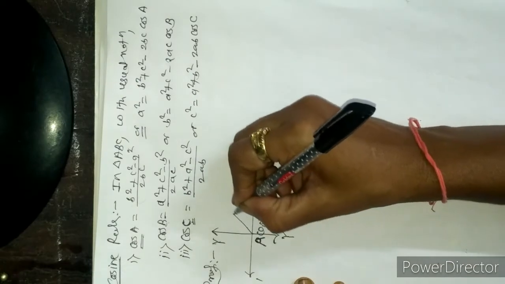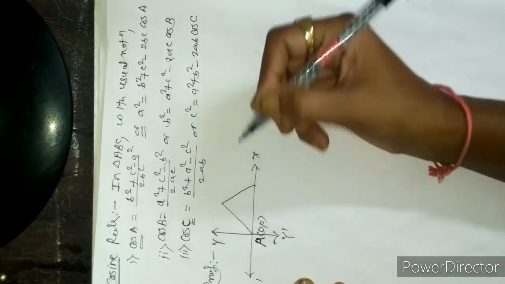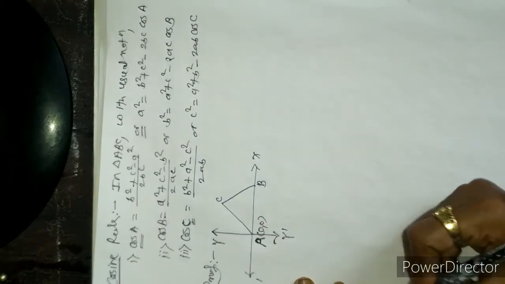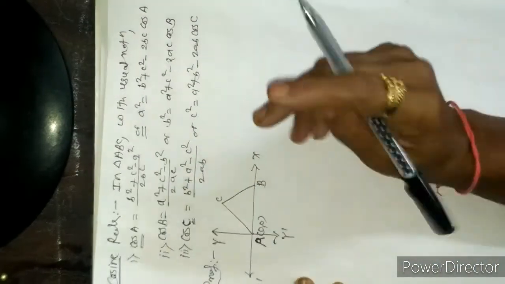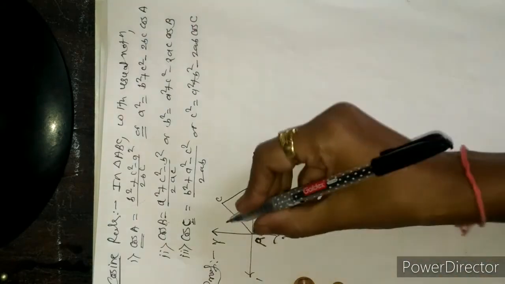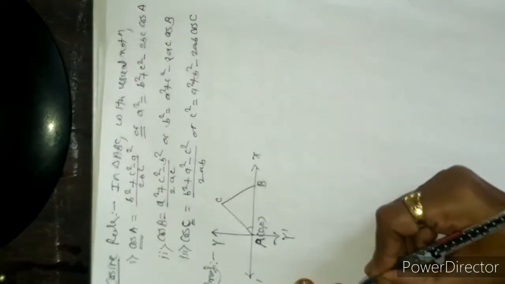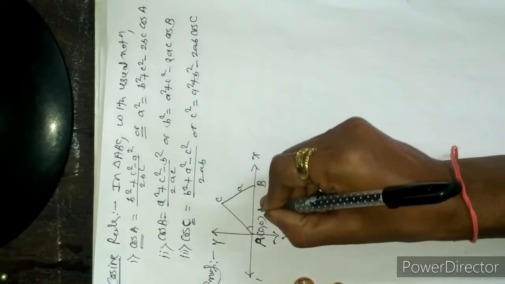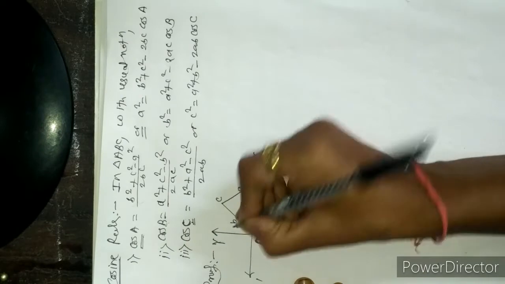With the help of this we take the formation of triangle ABC. You may take B along the x-axis, and the remaining vertex is C, or you may interchange vertices B and C. Now the measurement of this interior angle is A. With usual notation, the length of this side is A, this is C, and this is B.